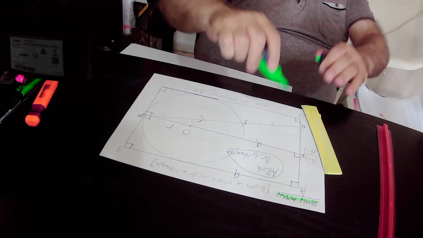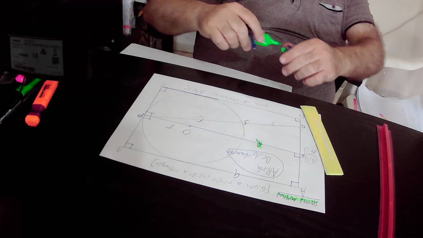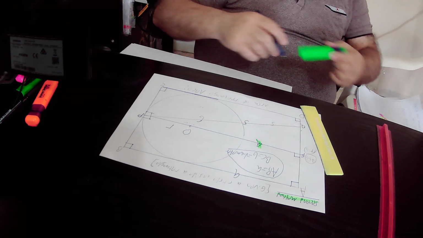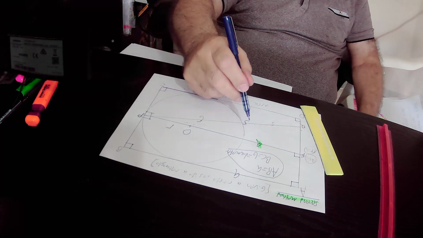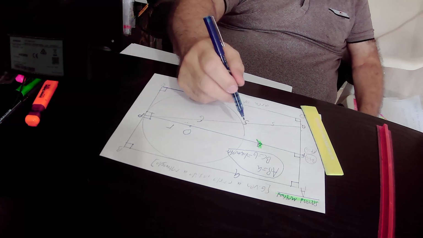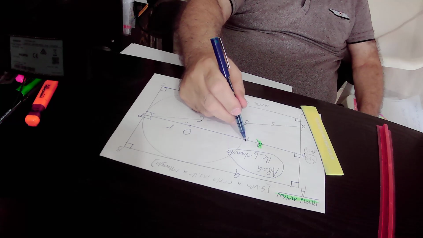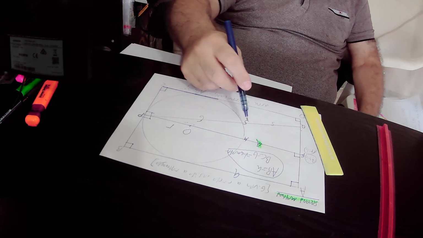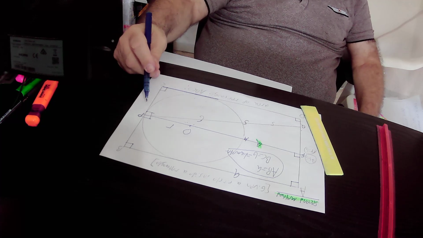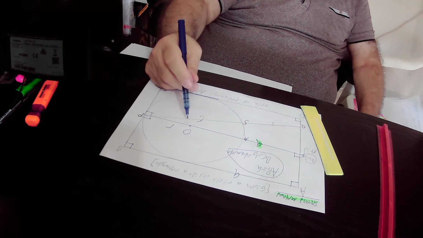Okay. We define the touching point between the extended PO and this circle as point M. What is the definition of chord MP? Chord MP passes through the center of the circle.